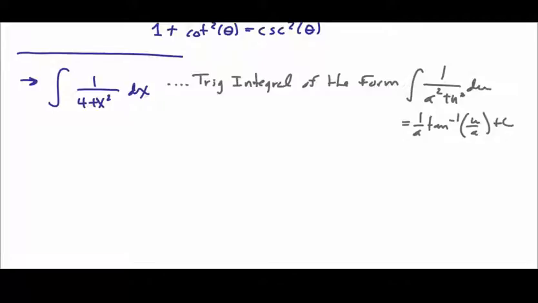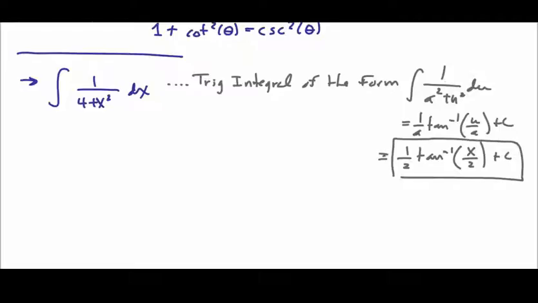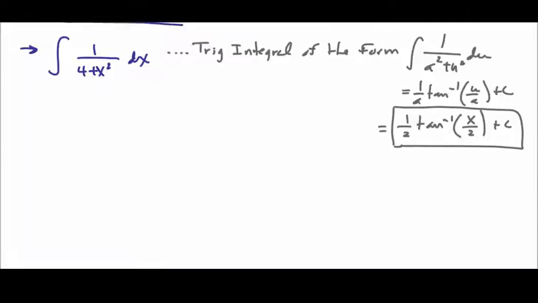If we were just to work this problem quickly, this would be 1 over 2. The reason it's a 2 is that this has to be written as 2 squared plus x squared, and the inverse tangent of u, which is x over 2, plus c. So this is my answer right here. You can see really fast, if you recognize the form, some of these can be pretty short. So don't always go after trig sub. Sometimes it's a little simpler than that.